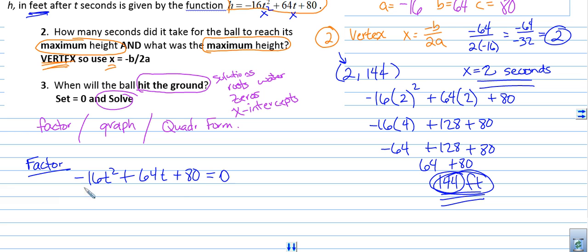Okay? So I'm going to divide by 16, and then I don't want it to be negative, so I'm going to divide by negative 16. Okay? And so that gives me a 1t squared. This gives me a negative 4t, and this gives me a negative 5 equals 0.